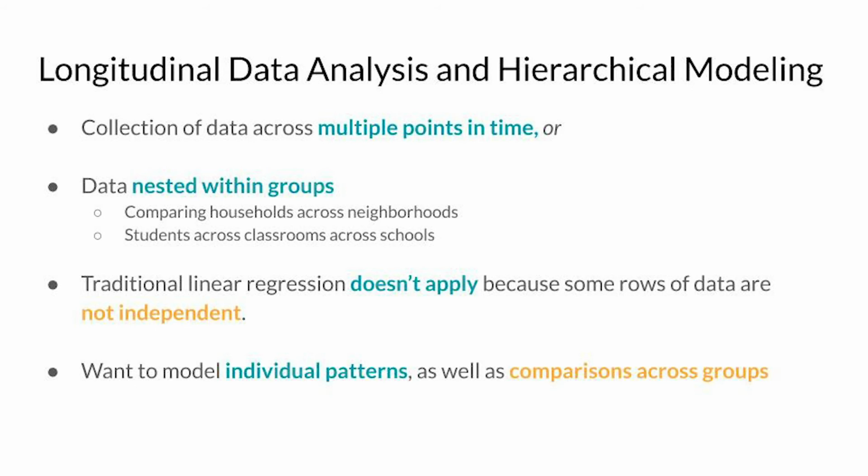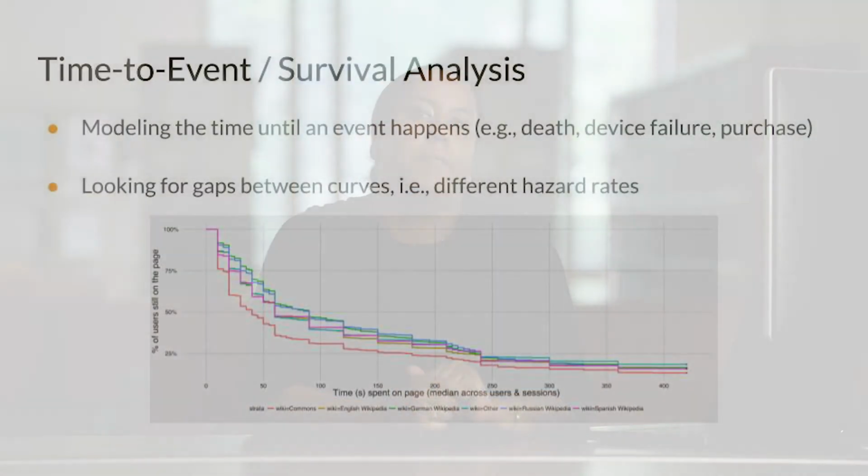A similar example arises often in education research. You may be interested in tracking a performance metric across classrooms, within and across grade levels, schools, and school districts. Having this hierarchical structure violates the linear regression assumption that your rows of data are independent. We can use hierarchical modeling to account for the inherent similarities within grade level, schools, and school districts.